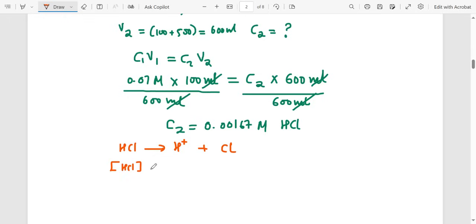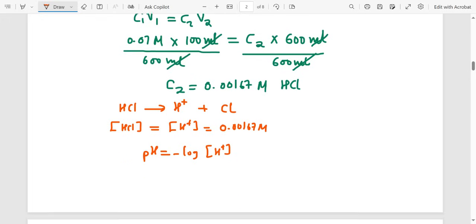The concentration of hydrogen chloride, if it's a gas, in aqueous we call it hydrochloric acid, is going to be equal to the concentration of hydrogen, and that is 0.00167 molar. Therefore, to find the pH, we simply take negative log of the concentration of hydrogen.